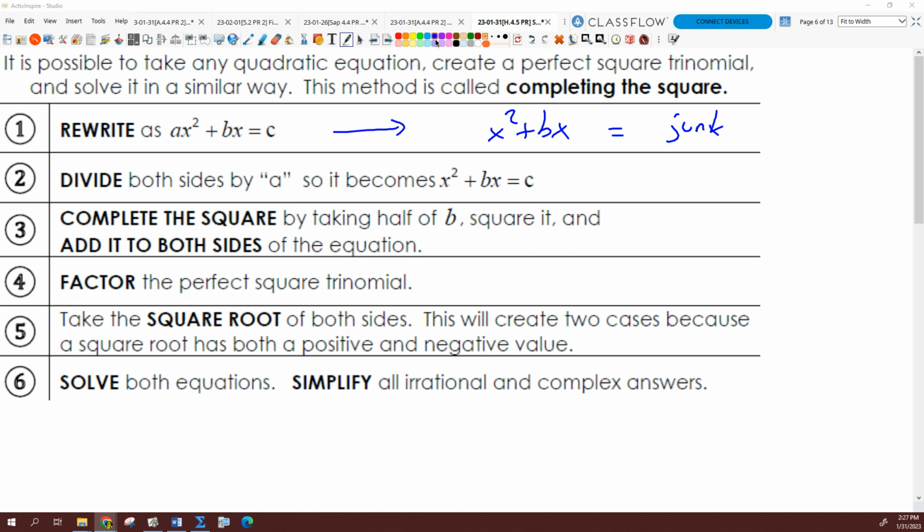So to do that, we've got to divide both sides by a, if there's an a other than 1, okay? Divide both sides by a so it looks like this form. X squared plus bx equals some number, okay? Now we complete the square, right? By taking half of b, we square it, and we add it to both sides. Then we factor the perfect square trinomial, and at that point, we just solve by isolating, okay?